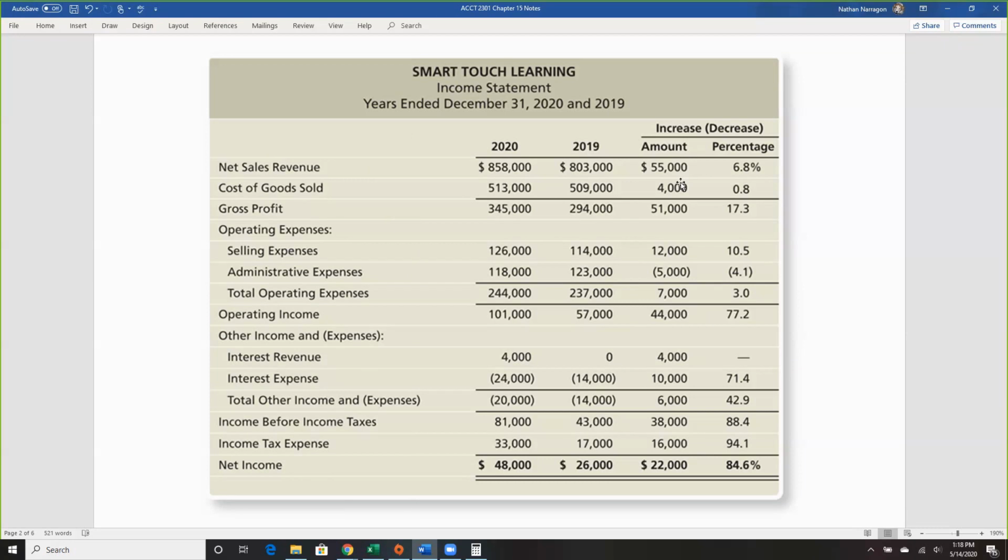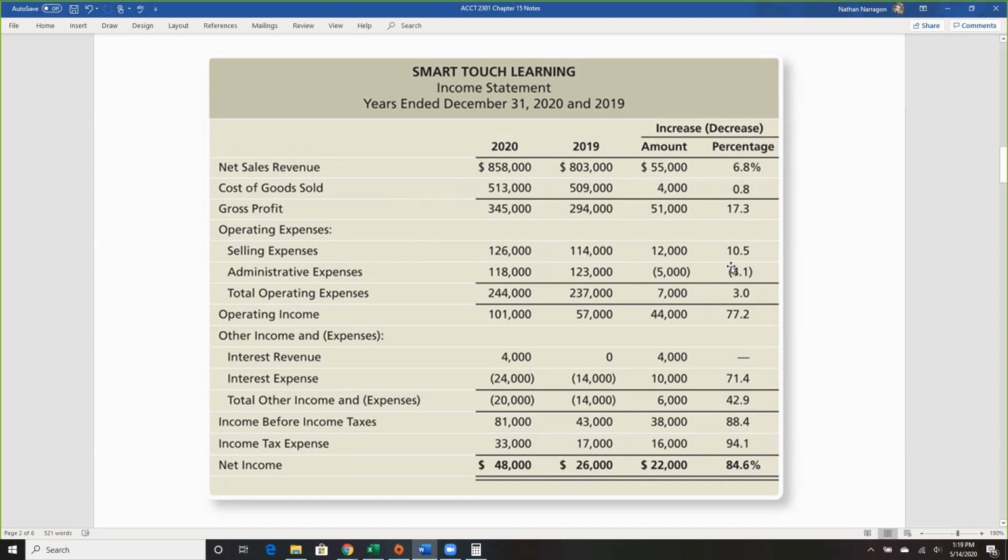So, some things here, we know we've increased our sales by 6.8%, which is not bad. We also know this, our selling expenses, they've actually increased about 10.5% compared to 2 years.